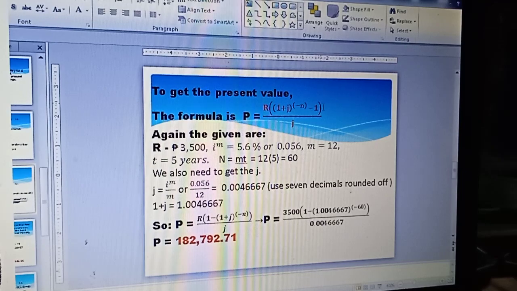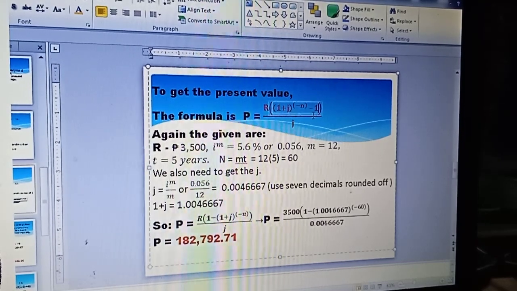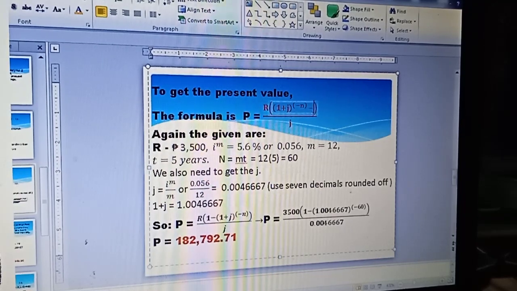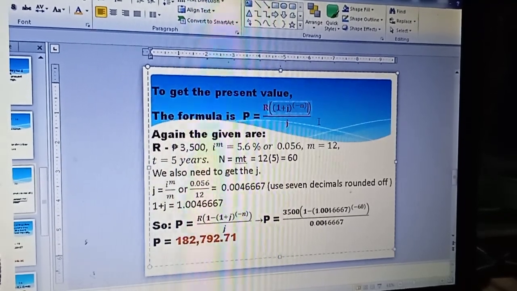There is no more minus 1 here. R times 1 plus j raised to negative n over j.